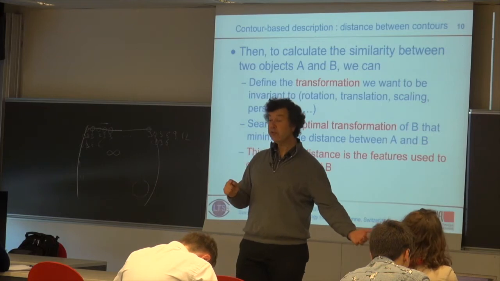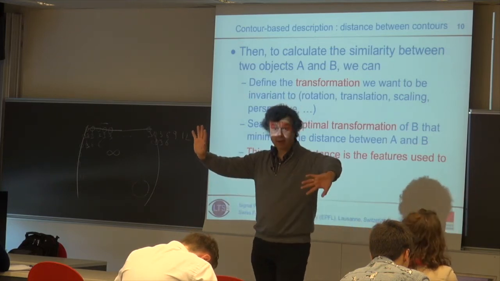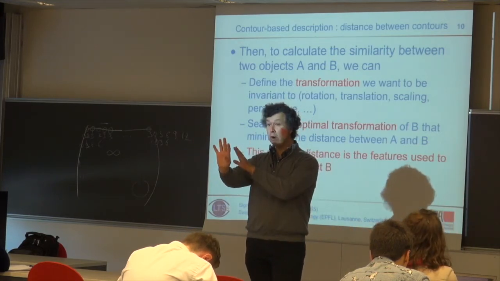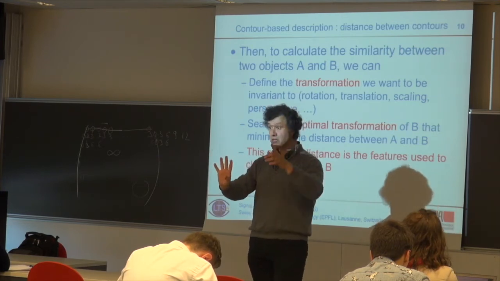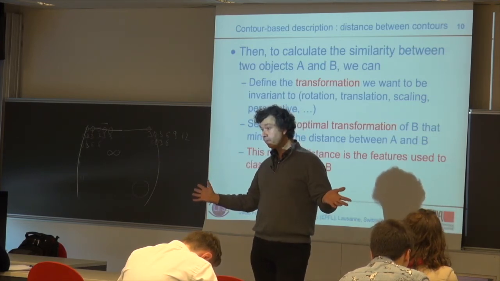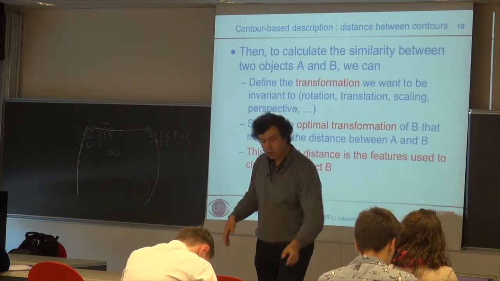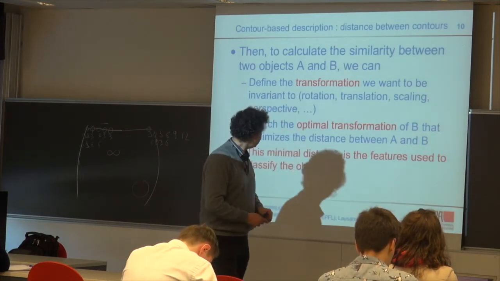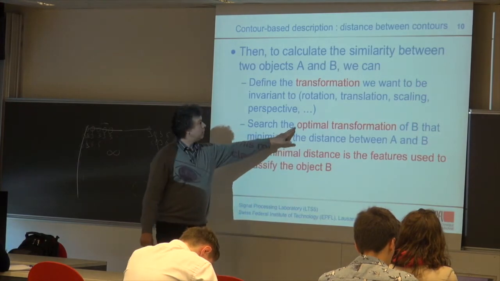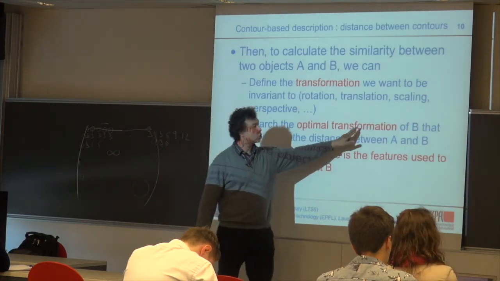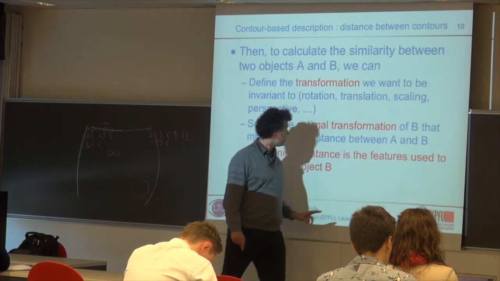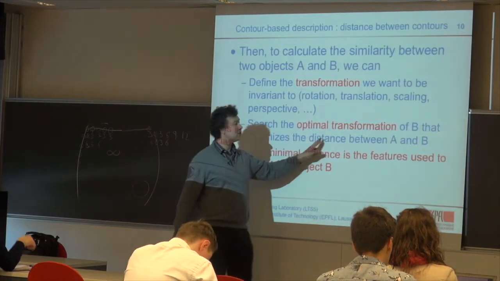And if you don't want to be invariant in scaling, you take your big rectangle, you minimize the distance with the small one, you will have a large remaining distance. That means that they are not the same up to a rotation and translation only. So that is what is written there. You calculate the optimal transformation of one of the objects such that it minimizes the distance.